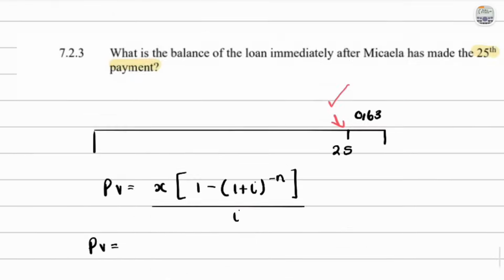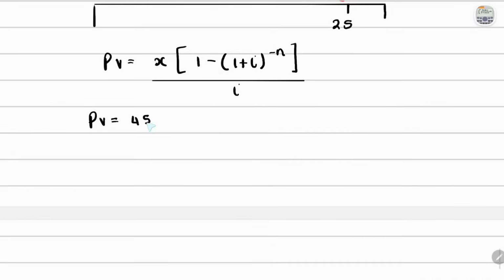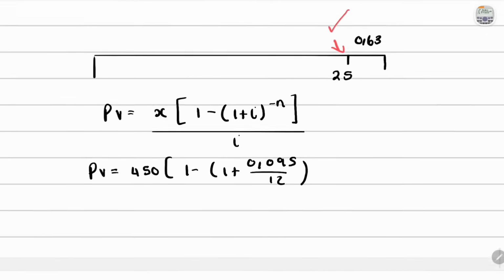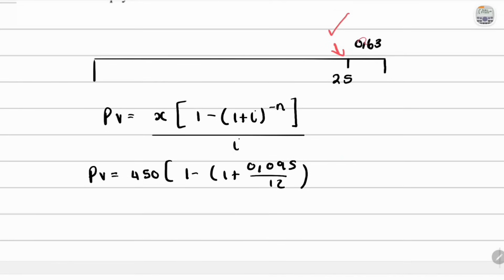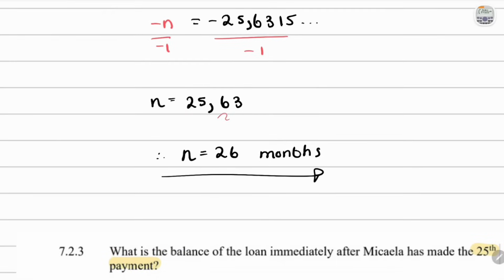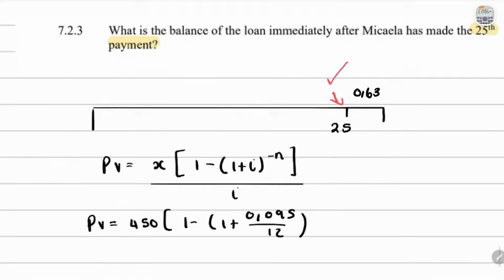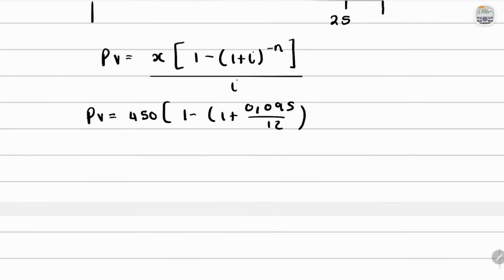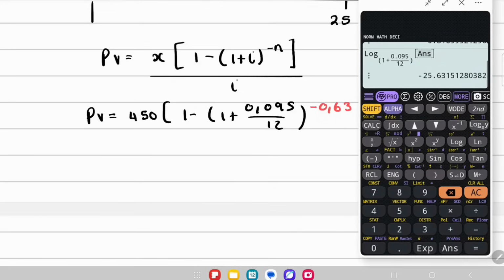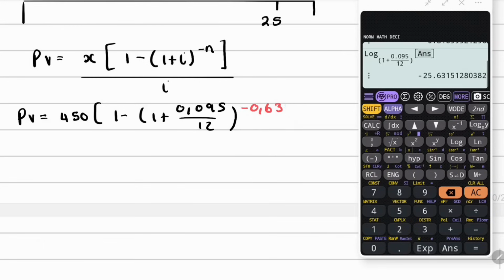So we'll say 450 and then open bracket 1 minus 1 plus 0.095 over 12 raised to the power of, now instead of rounding off here, we can actually keep those decimals, which we still have recorded on the calculator. So that is negative 0.63, and that just went on to 15.